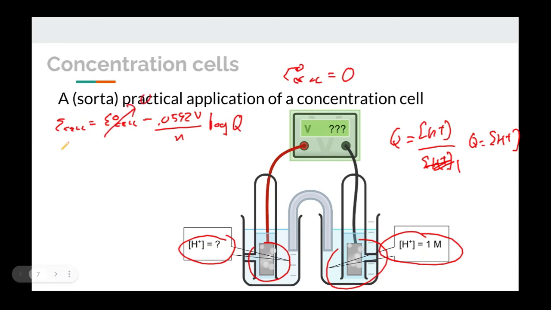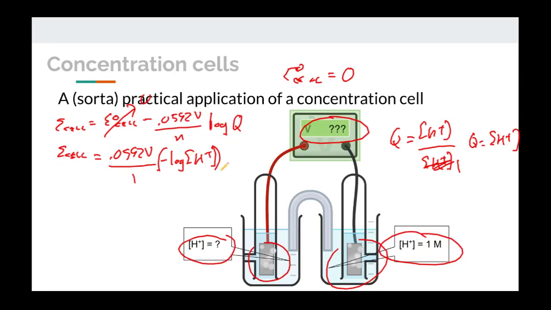Remember, this is 0, so we can rewrite this as cell potential, which is something we can read off this voltmeter, is equal to 0.0592 volts over 1 electron transferred, in this case, times the negative of the base 10 logarithm of Q, which is H plus concentration. But what's the negative base 10 logarithm of H plus concentration? It's pH.